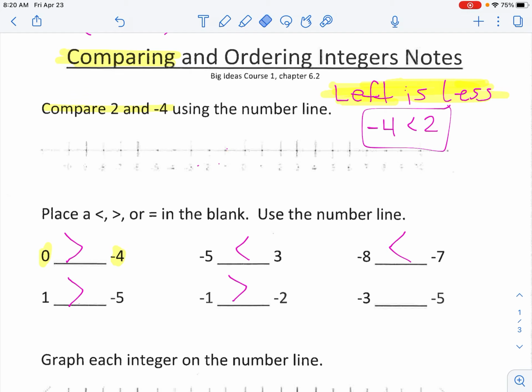Last one, -3 compared to -5. -5 is left, so it's less, so -3 is greater than -5.